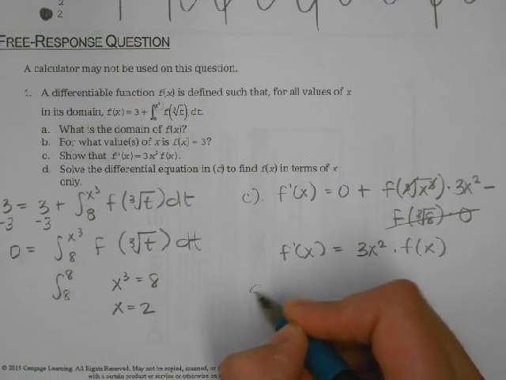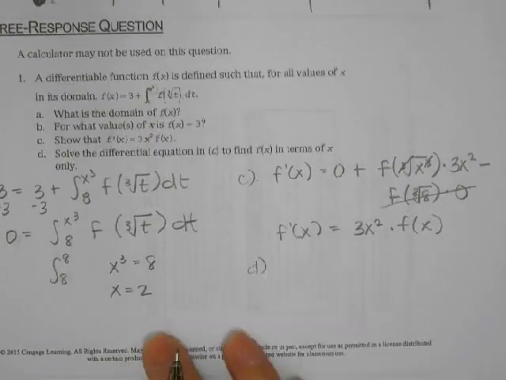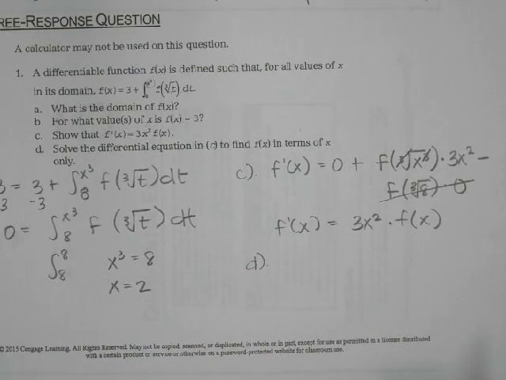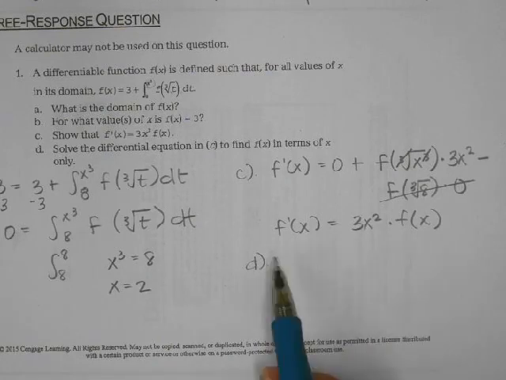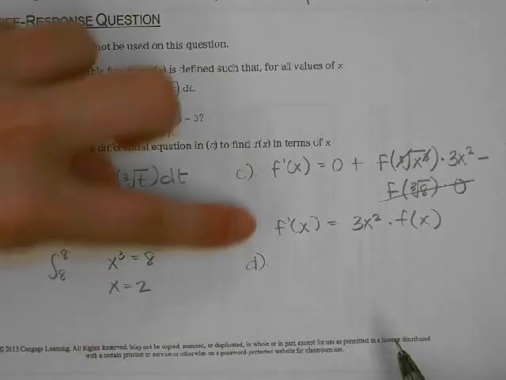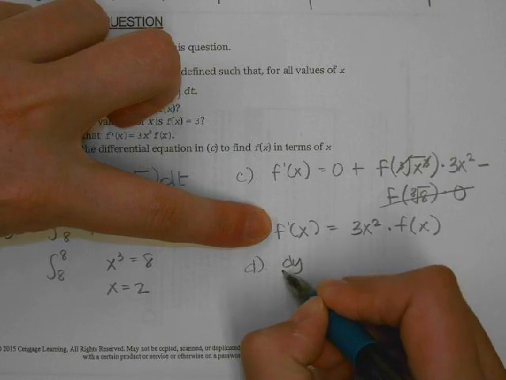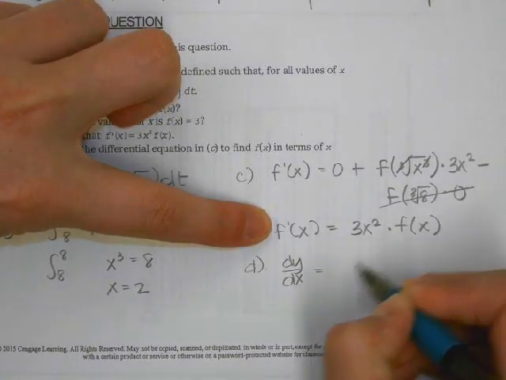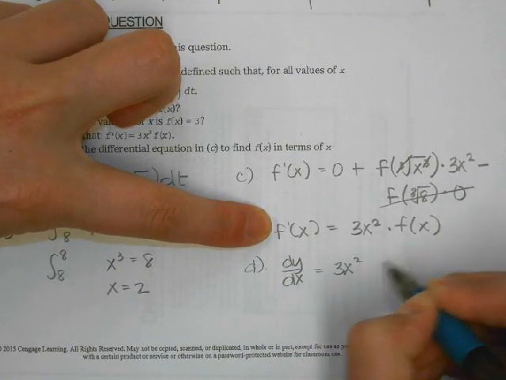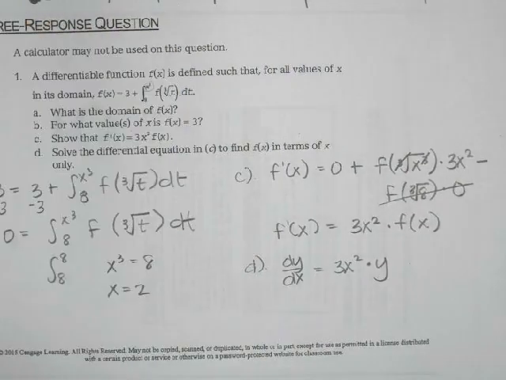All right, and then part D says solve the differential equation to find f of x in terms of x only. So I was like, ooh, differential equation. I need to think of this as dy dx because right now this notation to me does not scream differential equation. So I wrote this as dy dx, and I left that as 3x squared, and I called this y. And then I was like, that's pretty easy, I can do that.